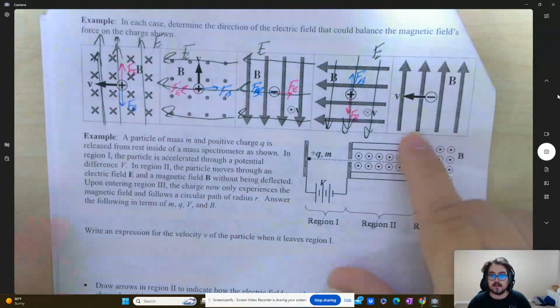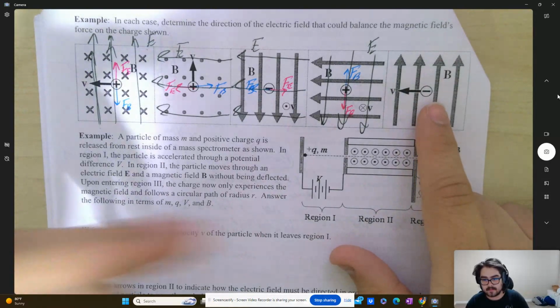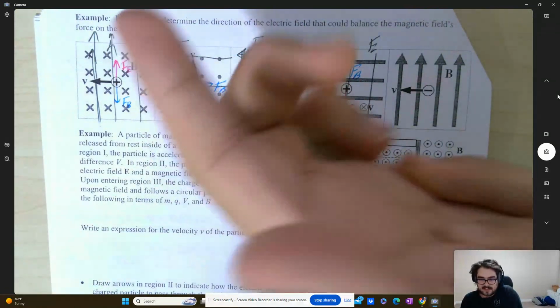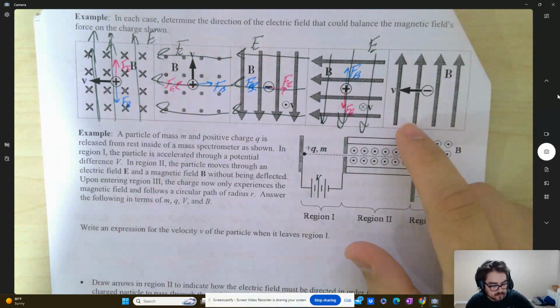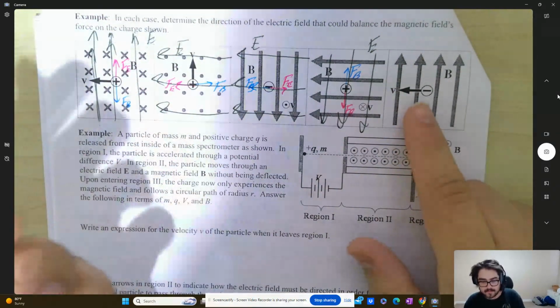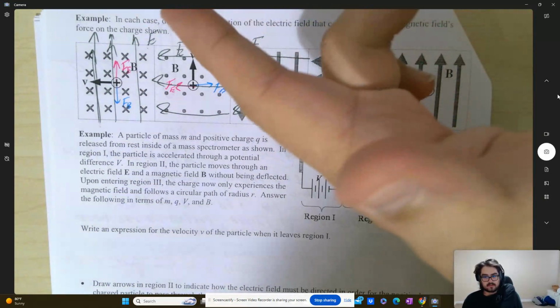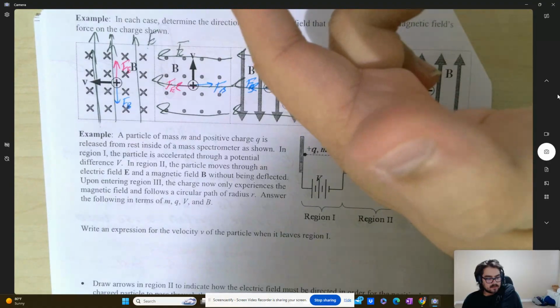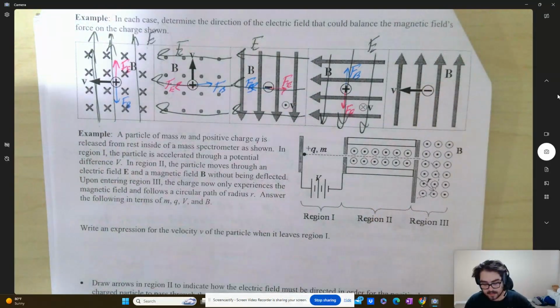And then right here, the negative charge, so use your left hand, okay? I can't twist my hand that way. B field going up. Velocity goes that way. So the B field force is coming out of the page.